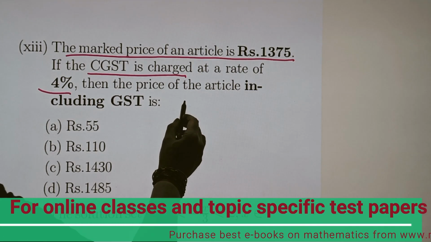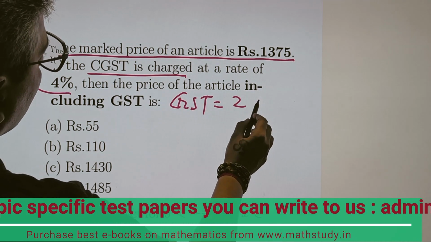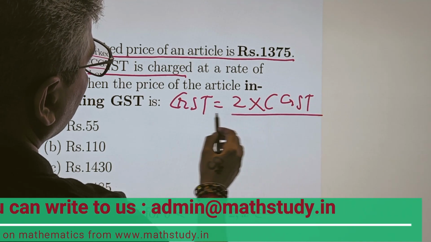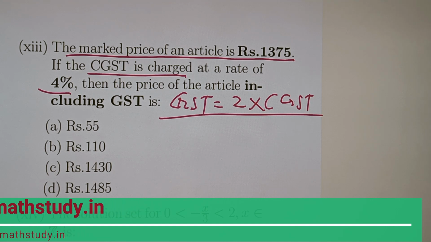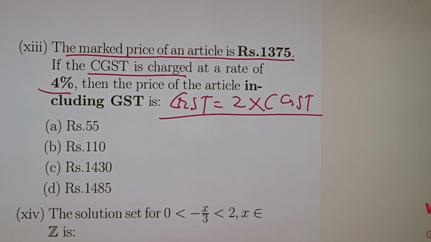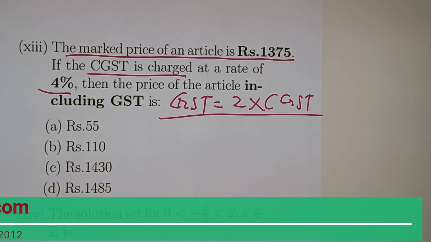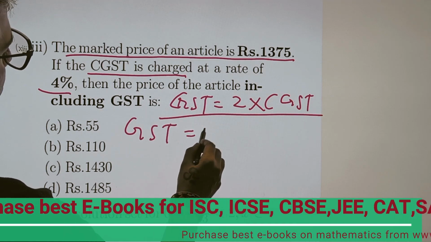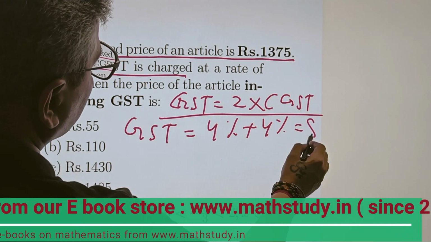So if we need to find the GST, then we need to double the CGST. Always remember this. If the CGST is 2%, then GST will be 4%. Here CGST is charged at a rate of 4%, so GST will be 4% plus 4%, which is 8%.